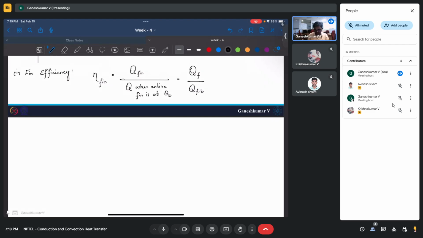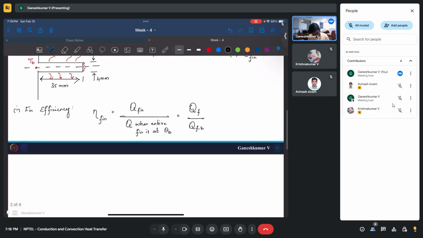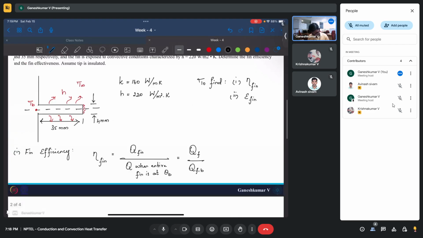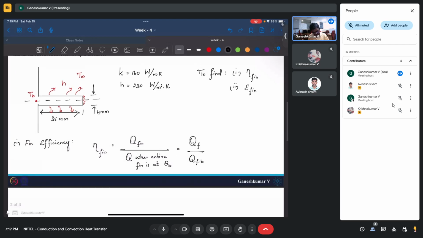Now we need to find this efficiency of the fin, and it's a simple fin, a constant cross-sectional area fin, for which we already derived the efficiency formula in our class.